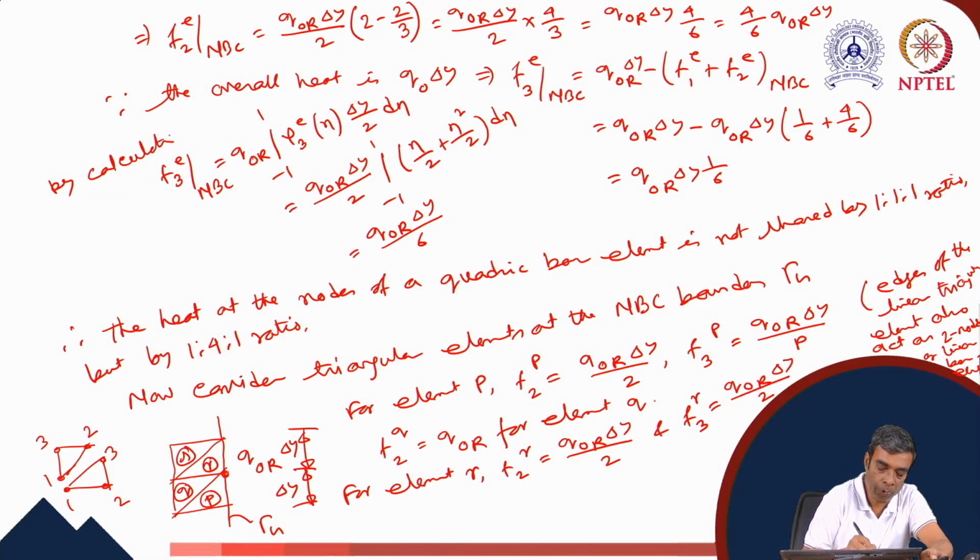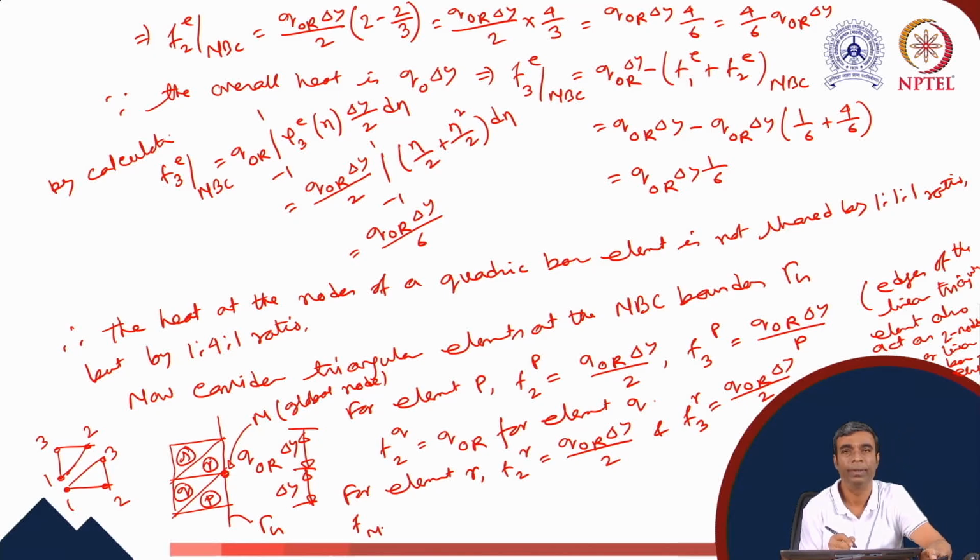Now this common node at the boundary for elements P, Q and R, we denote by the global node M. So FM, the load vector at node M for NBC contribution, will be F3P plus F2Q plus F2R.